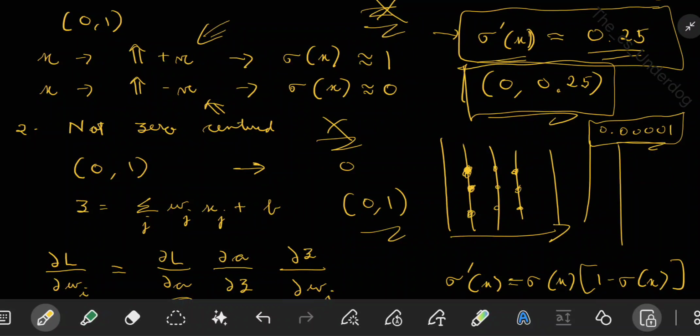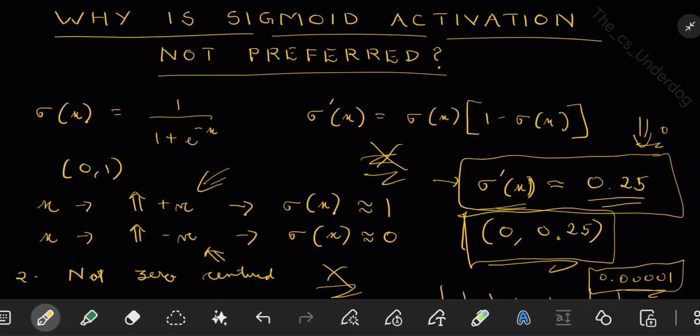Which are the problems that we have seen? One is the vanishing gradients problem. Then we saw it is not zero centered. Third, it saturates for larger inputs. Then it is a bit computationally expensive. Plus, neurons will always be dense.